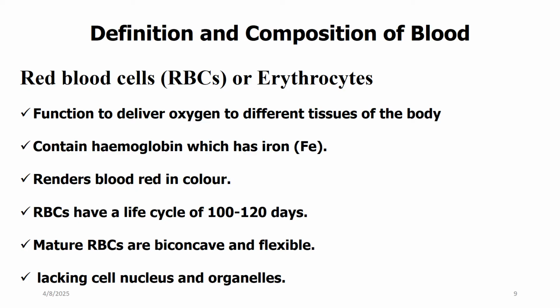Red blood cells have a life cycle of 100 to 120 days. They are biconcave and flexible, and they lack nucleus and organelles.